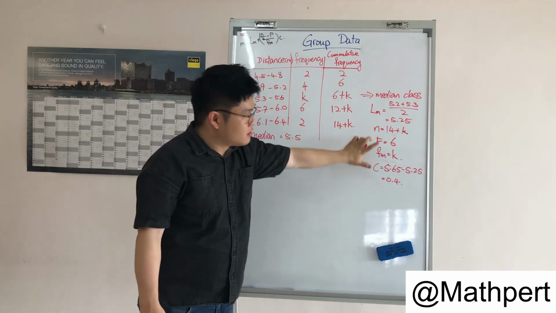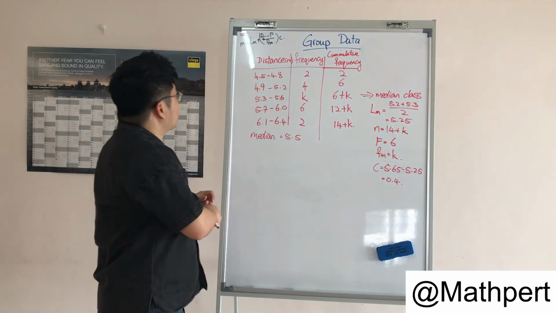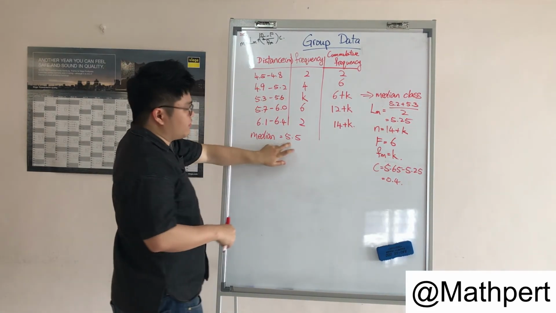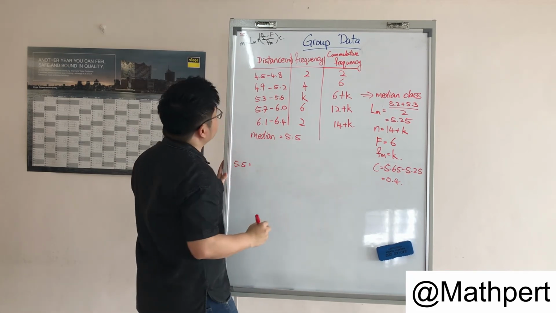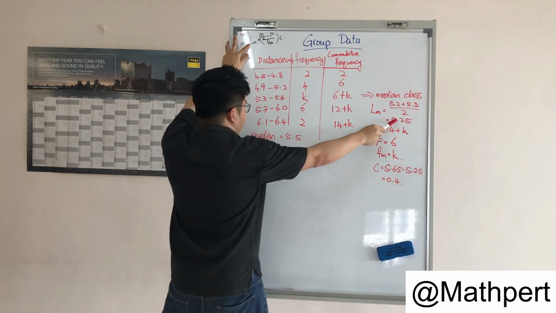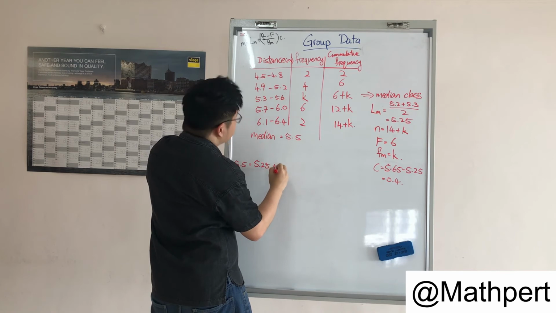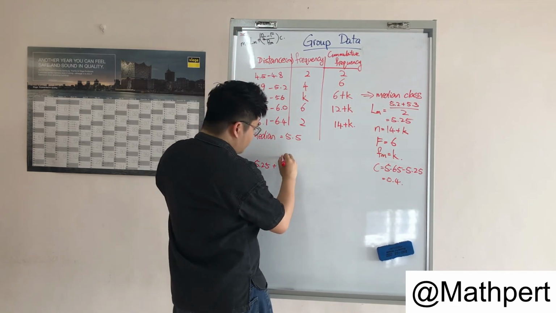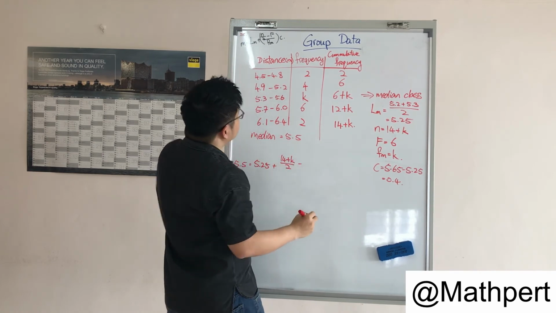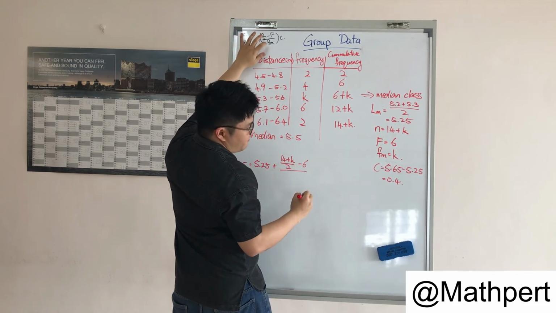Let's substitute all this info into this equation and look for value of K. So, median 5.5 equals to LM, 5.25, plus N divided by 2, 14 plus K divided by 2, minus F which is 6, over FM.